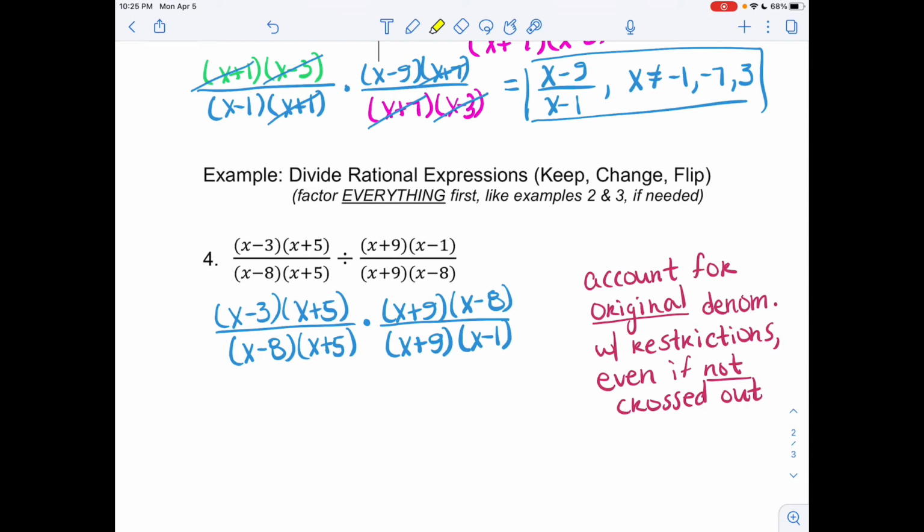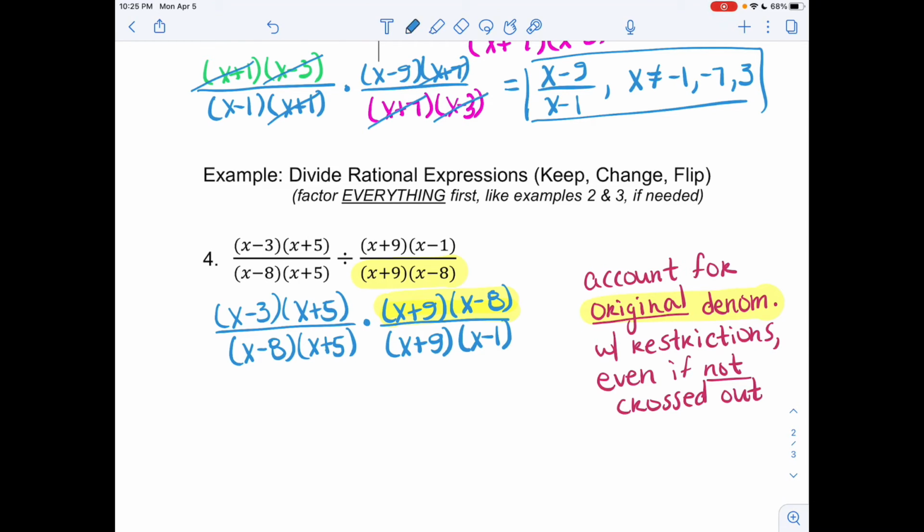So I'm going to go ahead and highlight those. So this right here became this, and I'm going to need to take that into account whenever I talk about restrictions. So I need to account for the original denominator even if I don't cross it out. Sometimes they will get crossed out anyway, but sometimes they won't. So really be careful here.